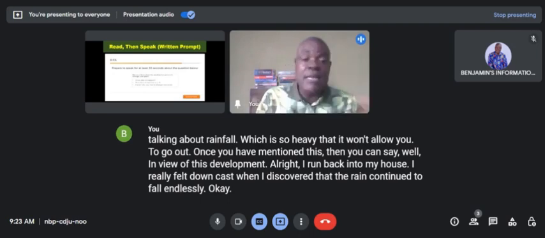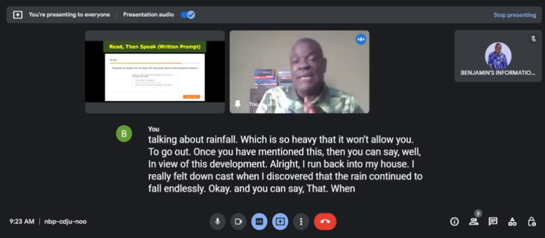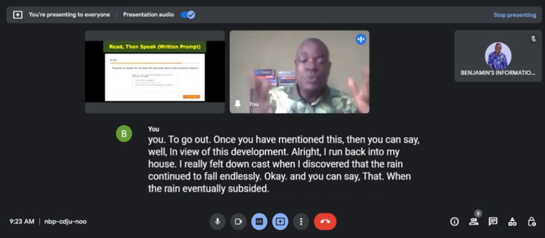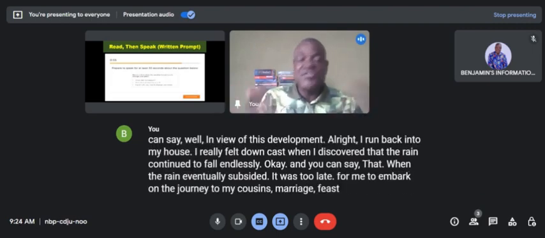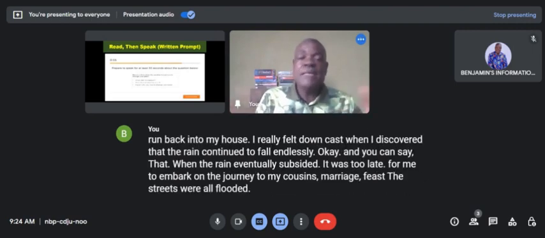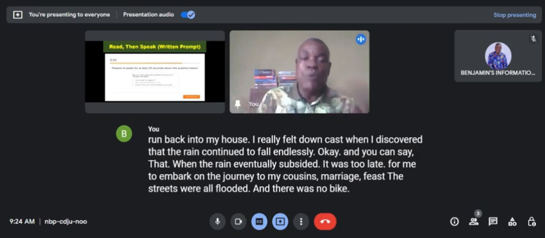And you can say that when the rain eventually subsided, it was too late for me to embark on the journey to my cousin's marriage feast. The streets were all flooded, and there was no bike, taxi car, or bus in sight.